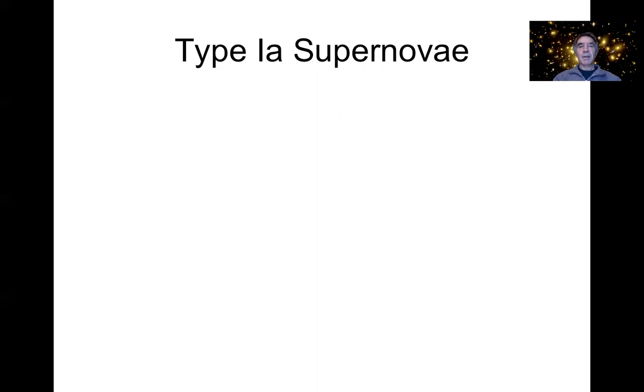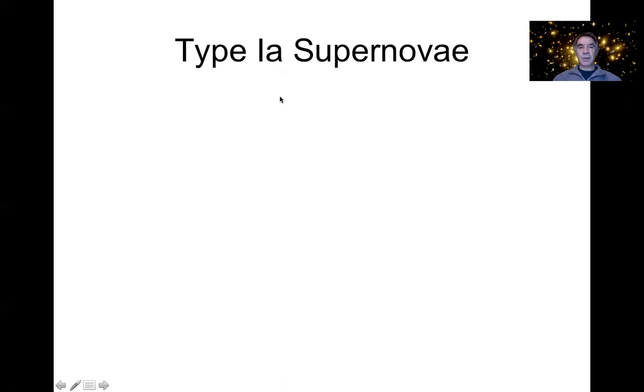We've talked about supernovae a couple of times now. Here we want to focus on the other type of supernova explosion that we haven't talked about much yet, which is the so-called type 1a supernovae.